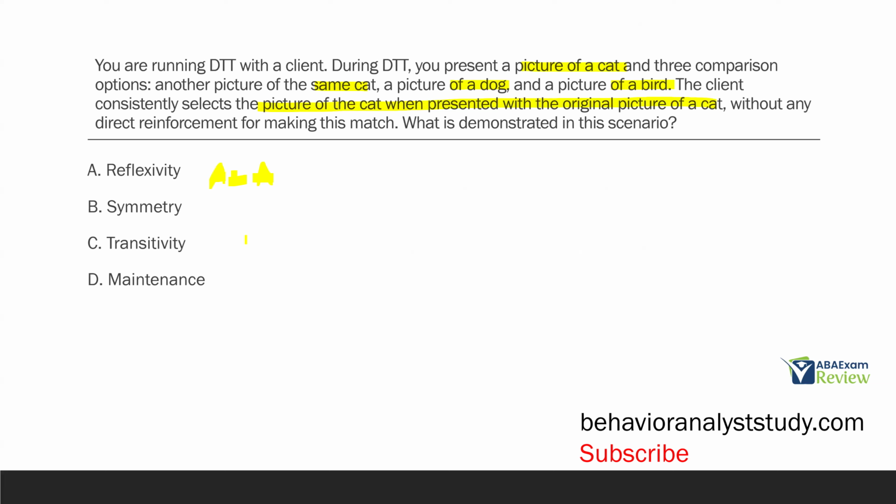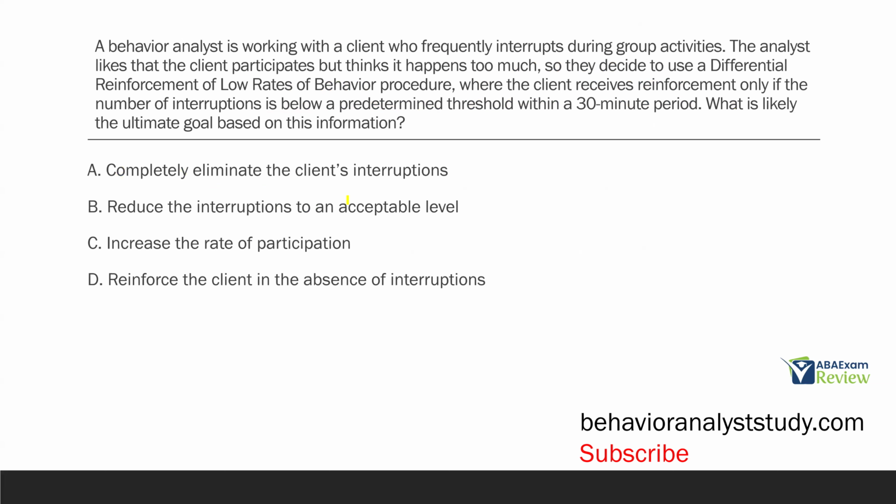What we've established here is this reflexivity. A equals A. I present the picture of a cat. My client then matches it to the identical picture of the same cat, even without reinforcement. So we've demonstrated reflexivity.